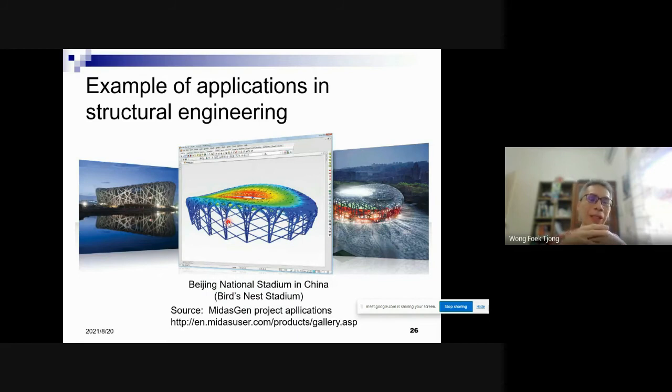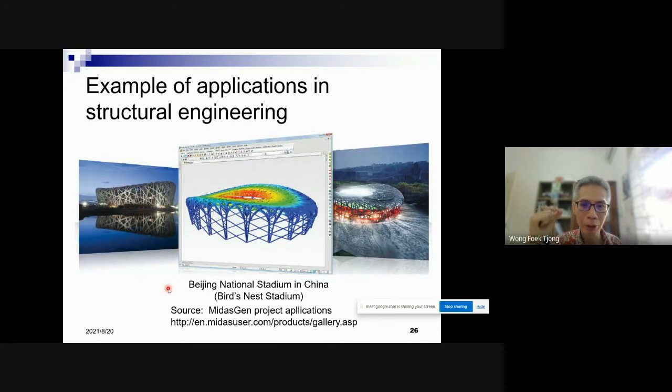Next, let's proceed to talk about how finite element is used in practice. What do you think? If you buy a software, any software for structural analysis, let's say here Midas Gen, and then you look at the website of Midas Gen, there is a kind of description that this project uses Midas.